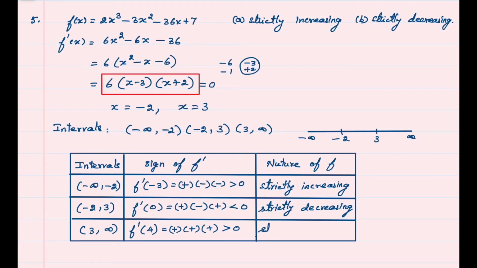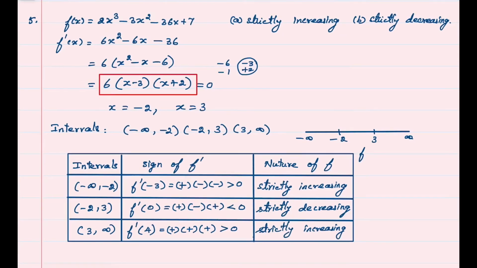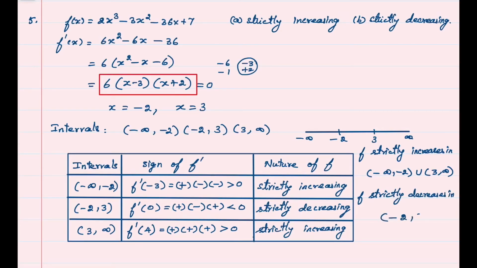Therefore, f strictly increases in this interval. F strictly increases in minus infinity to minus 2 union 3 to infinity, open intervals, and f strictly decreases in the open interval minus 2, 3. This is the answer.